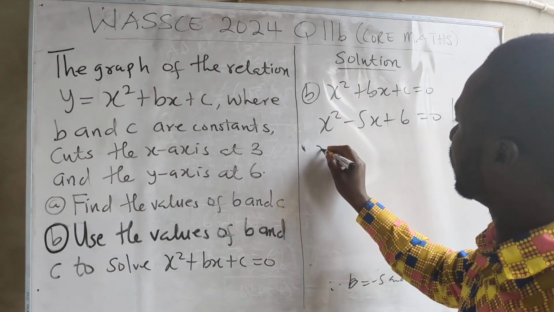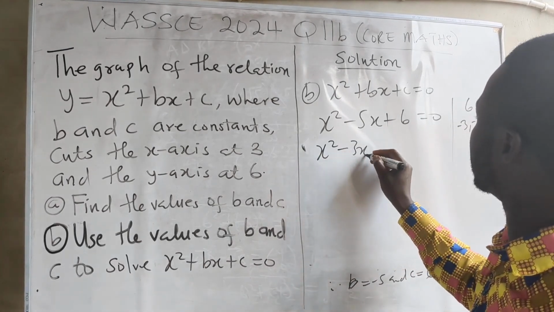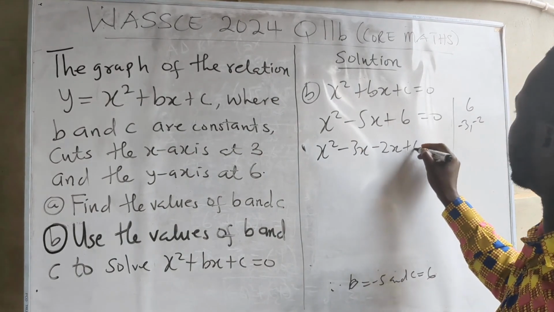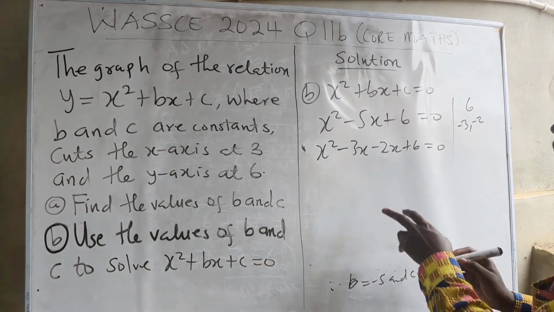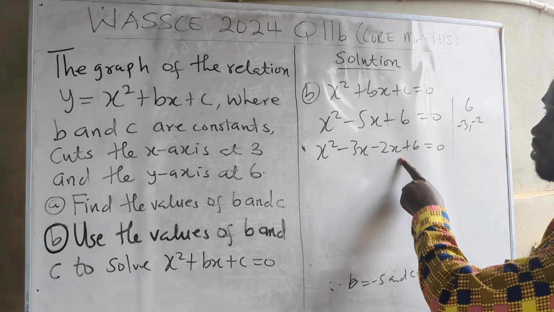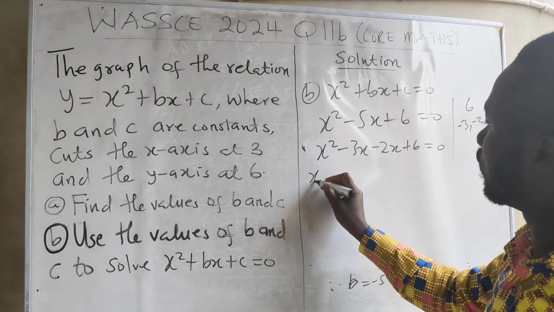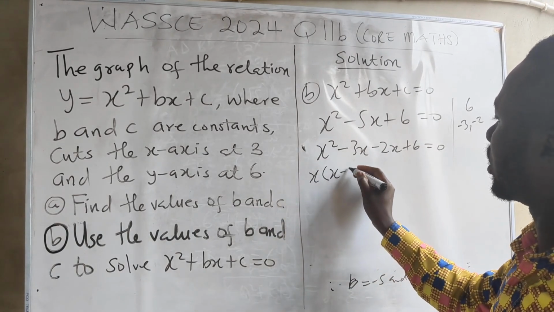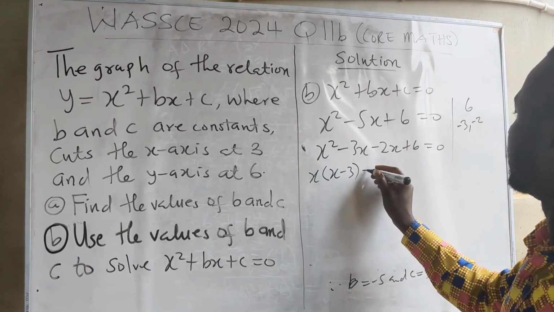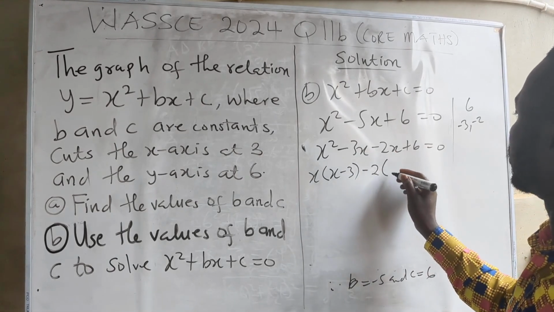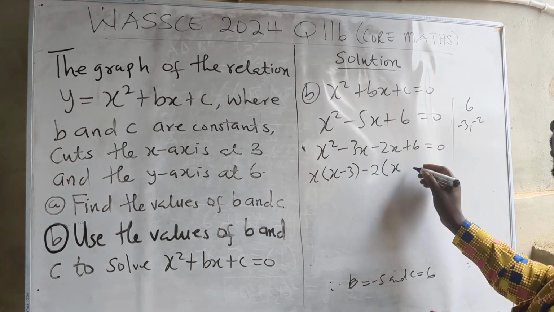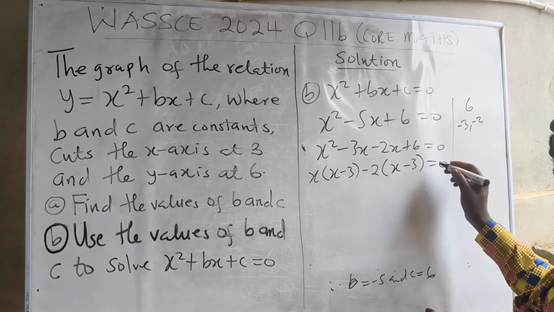Alright. So we are going to have s squared minus 3s minus 2s plus 6 equal to 0. So that minus 5s becomes negative 3s minus 2s. Alright, so that we will factorize. We factorize s out, then we have s minus 3 here. Then here we factorize minus 2 out, then you have s minus 3, equal to 0.